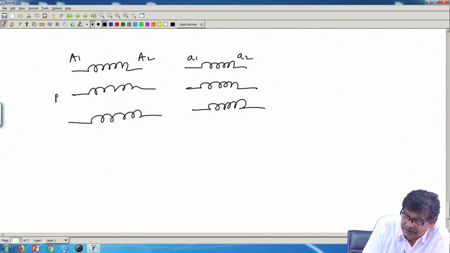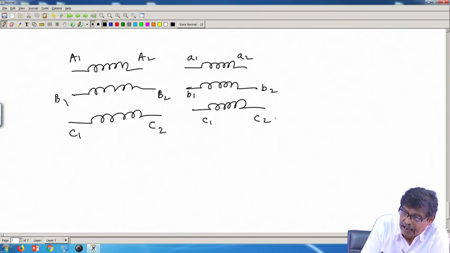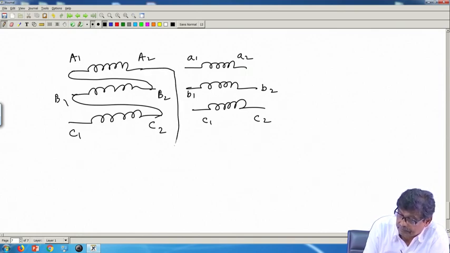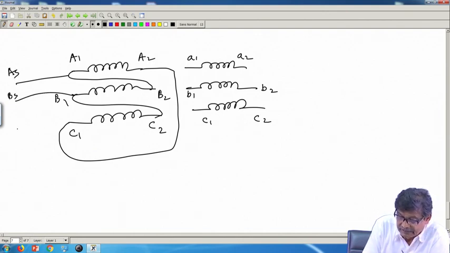I mean same thing I am drawing, you also draw, so that you get used to it, small C1, C2. And suppose the primary I have connected like this, as I have told you, delta, and these are from the junctions, supply AS, supply BS and supply CS.